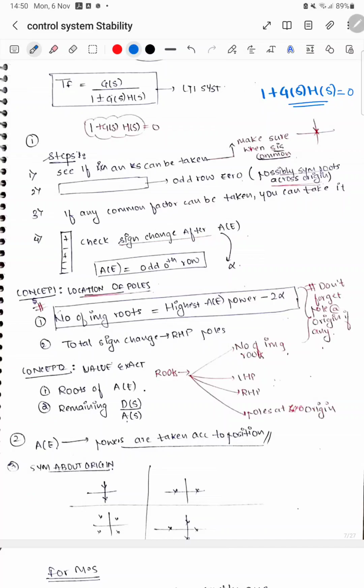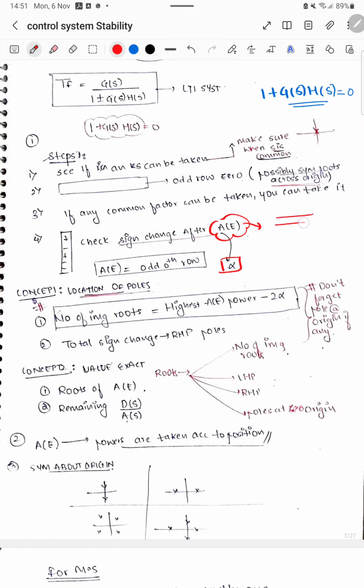If an odd row is 0, then we will take the auxiliary equation which is just above the odd row. We'll differentiate it, so we'll do d/ds of that. We'll equate it to 0, and then we will fill the row which is 0, and then we'll proceed our calculation as it is. What we will be observing is the sign changes after the auxiliary equation, so that will give us the value alpha.